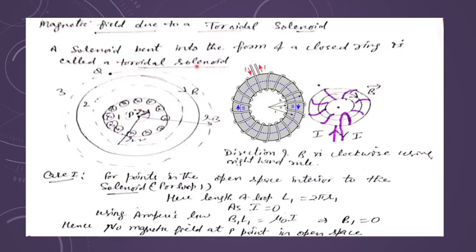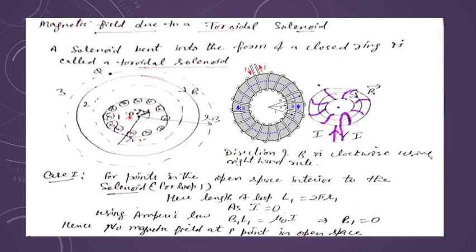Three Amperian loops we are taking, and depending upon where I want to find the magnetic field, I will consider an Amperian loop over there. So for the first case, because no current is passing, B will be 0. It means B1 in the open space is 0.